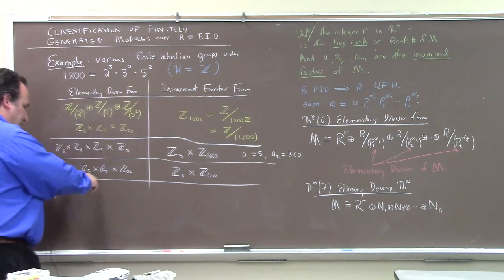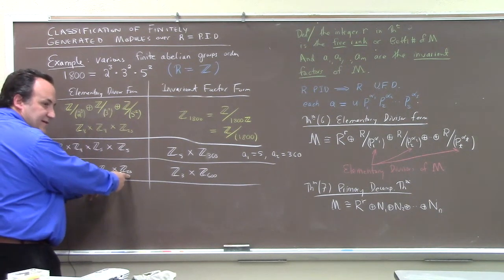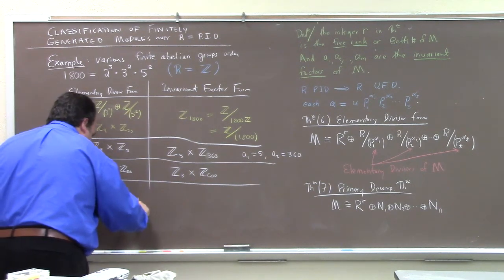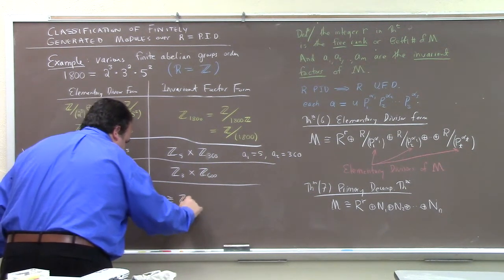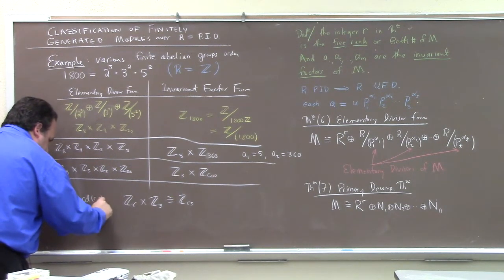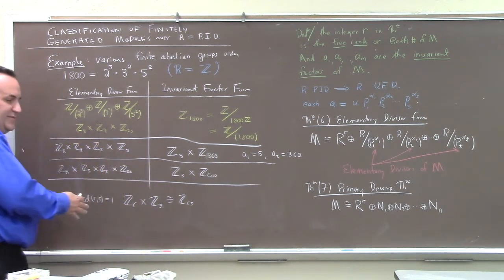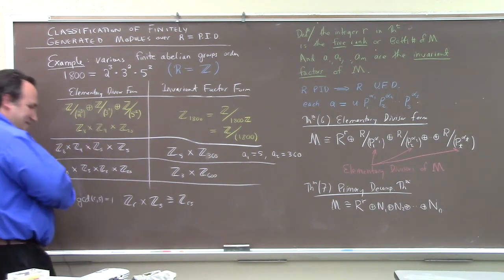If R and S are relatively prime, we have a theorem that ZR cross ZS is isomorphic to ZRS. There are all kinds of simplifications, but I'm trying not to do that, to illustrate the elementary divisor form.